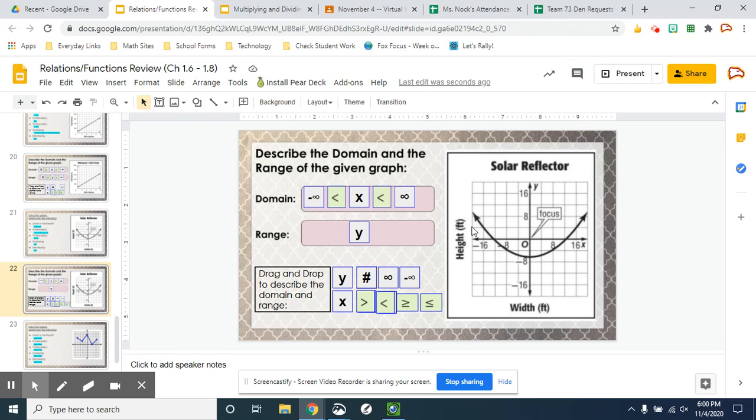All right, and for our y, remember we're looking at how far down it goes and then how far up it can go. The lowest that this graph goes is -6, so y is going to be greater than or equal to -6.